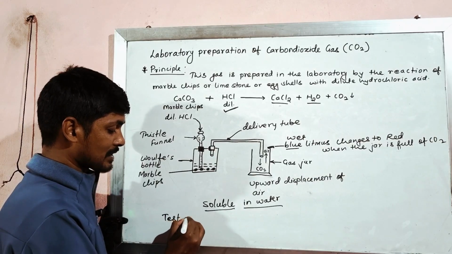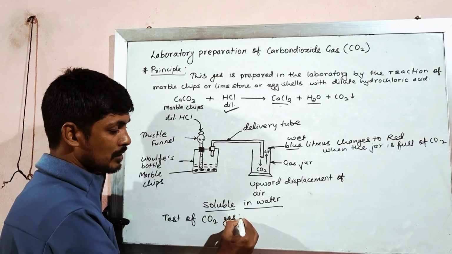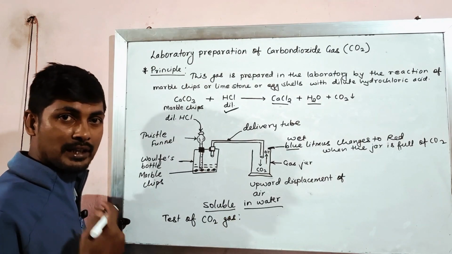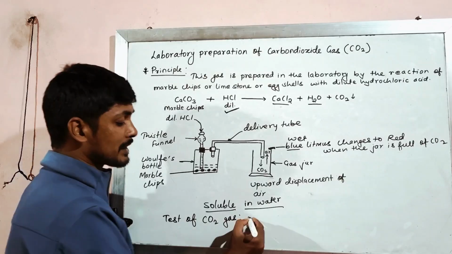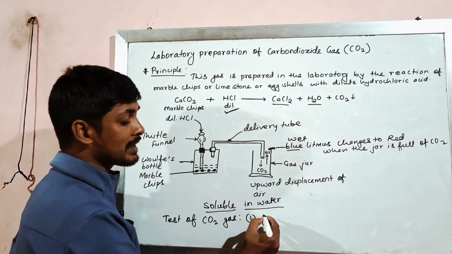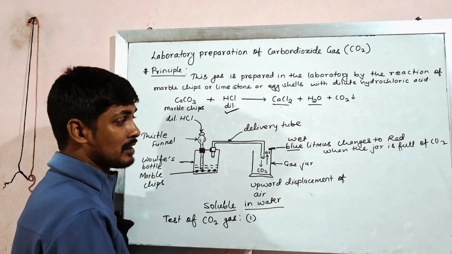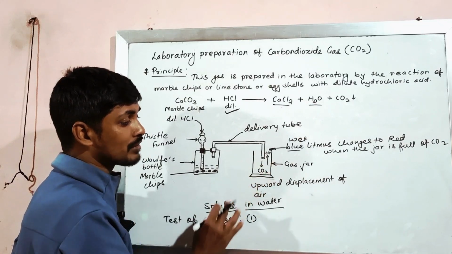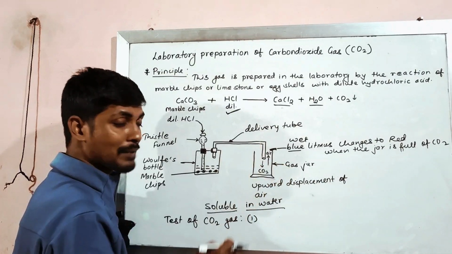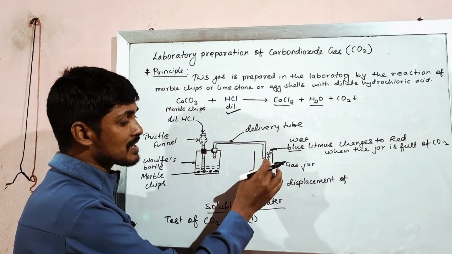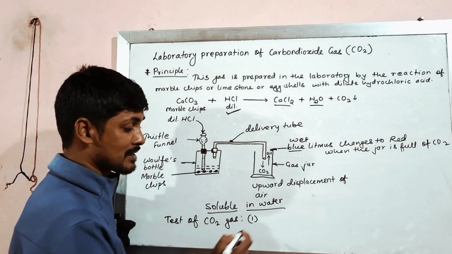Now, after the jar is full, how do we check whether the gas in the jar is carbon dioxide or not? Test of CO2 gas. Carbon dioxide gas is neither combustible nor a supporter of burning. So, test number one: if we bring a burning matchstick near the mouth of the delivery tube, or inside the gas jar containing carbon dioxide, the matchstick extinguishes.